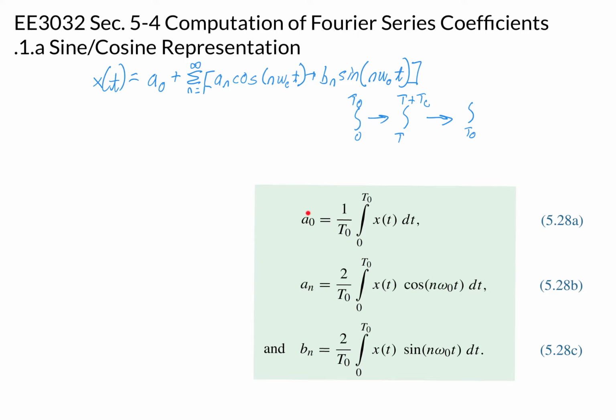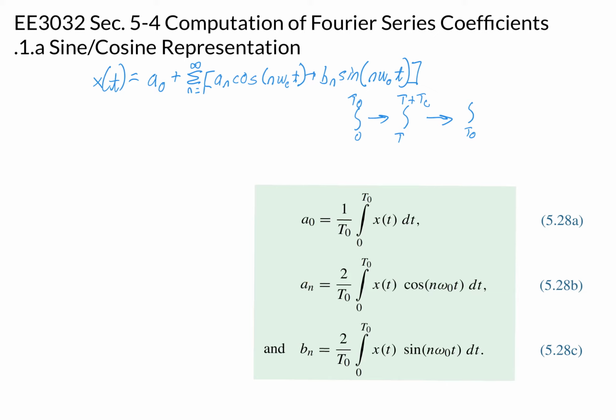So we have the DC term A0, and we can see we're adding up all the area in x over one period, and then we are dividing by the duration of that period. So we'll get the DC average of the signal. That's A0. It's a special case that doesn't quite match the other ones. Then for n is 1 or more, the a and the b are found very similarly.